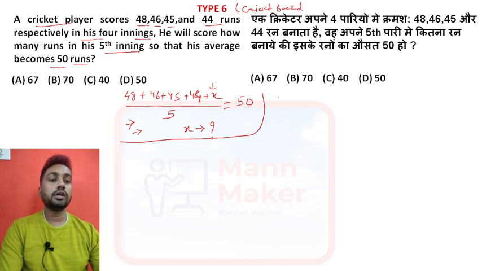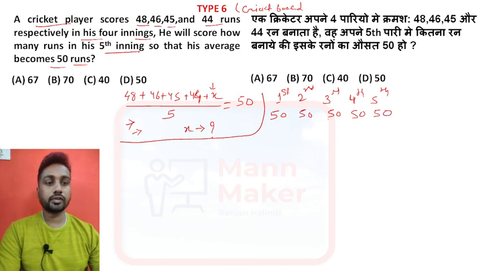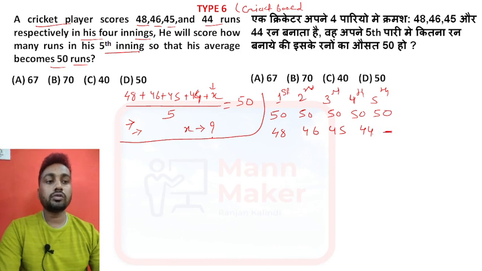So what we will do? How many innings are there? First inning, second inning, third, fourth and fifth. 5 innings in total. The average is 50. In the first inning they scored 48, second inning 46, third inning 45, fourth inning 44, and in the 5th inning we don't know how much is needed, that we need to find.